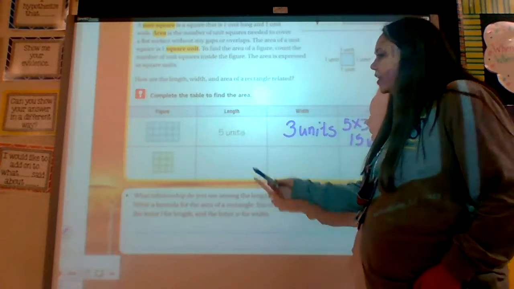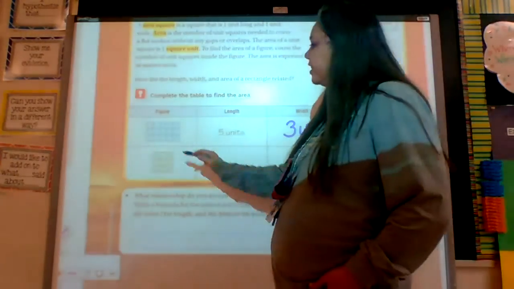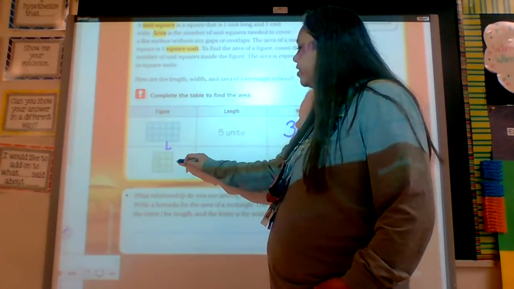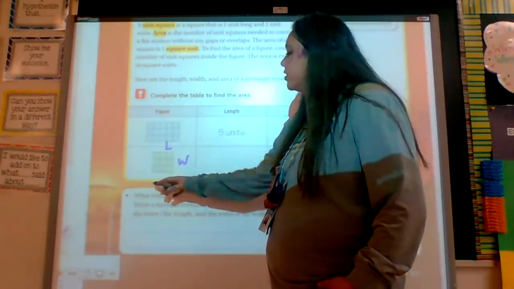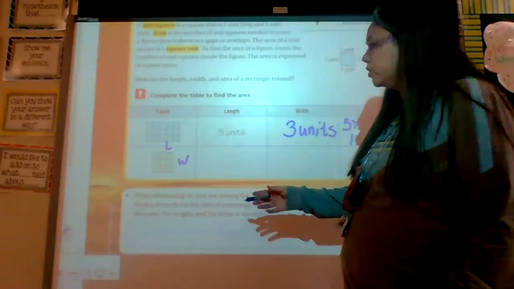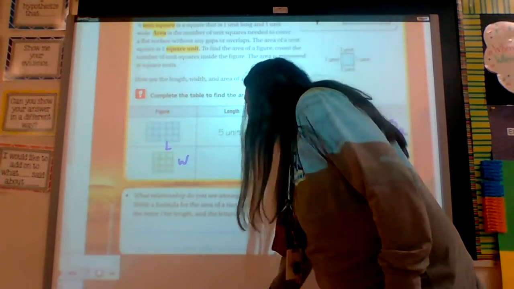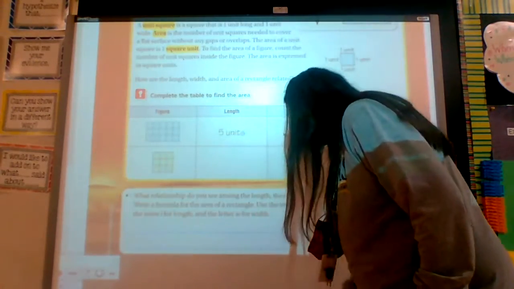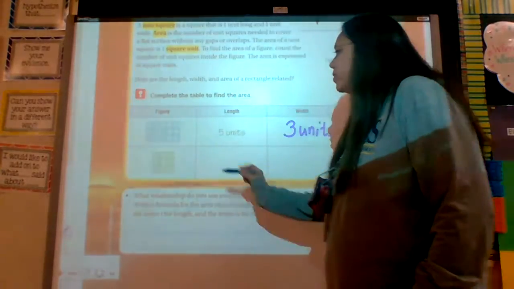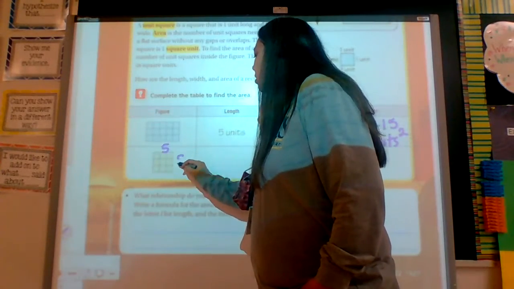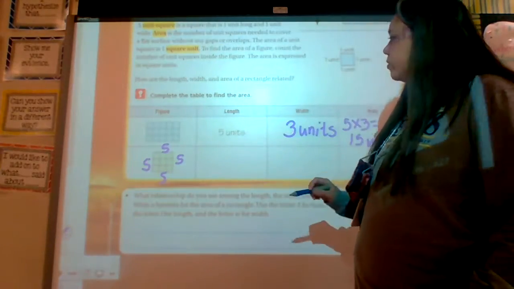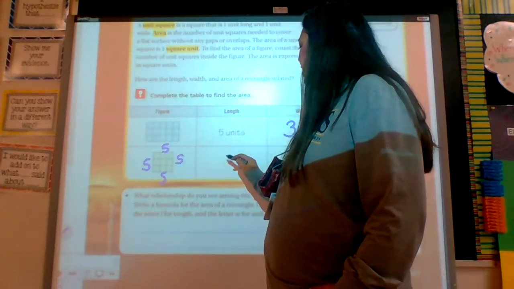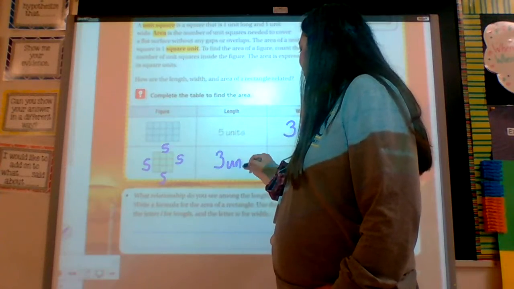Okay. In this next one, if I look at the length and the width, even if it's a square, the sides are all the same. This is really a square, so I kind of like to look at it as sides, because that's what it says on the math chart that we have. Your sides are all the same. So you would say the side length of one is 3 units.